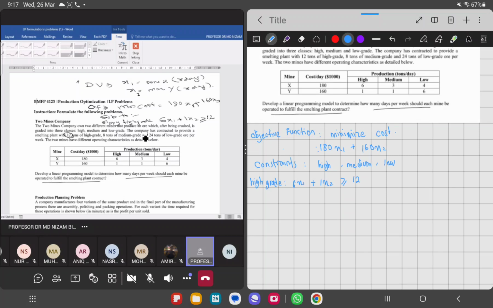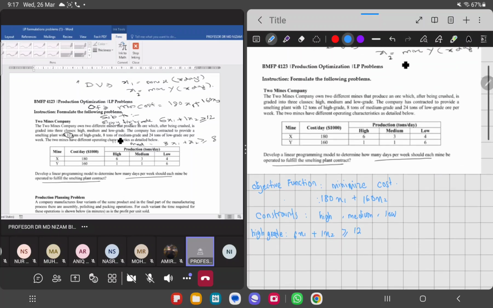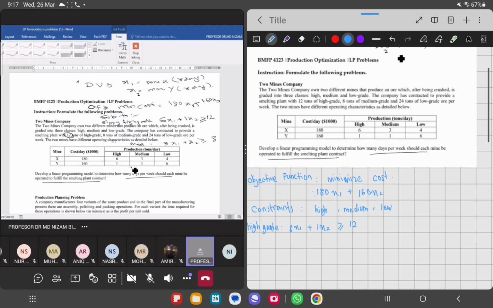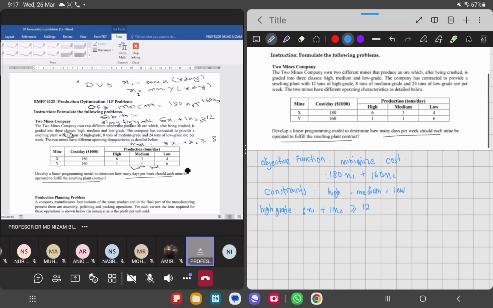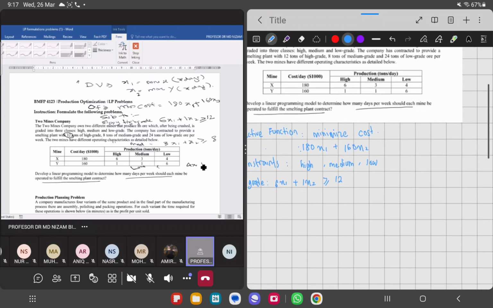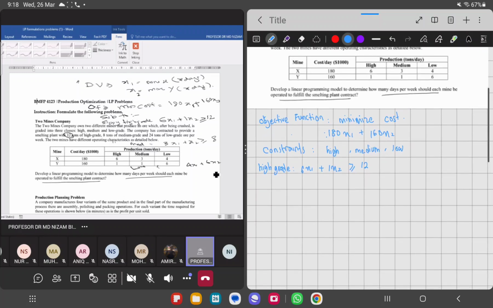And the second constraint is basically for the supply of medium grade, and I can define that as 3x1 plus x2 greater than or equals to 8. And the other one is low grade, which is 4x1 plus 6x2 must be greater than or equals to 24.